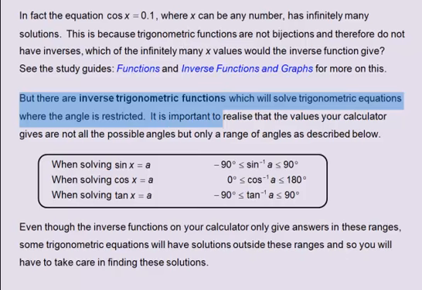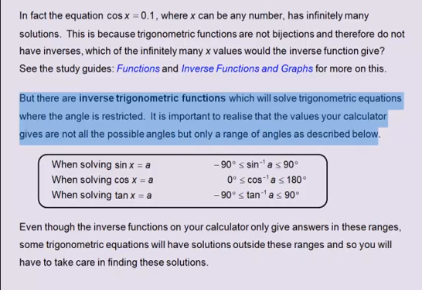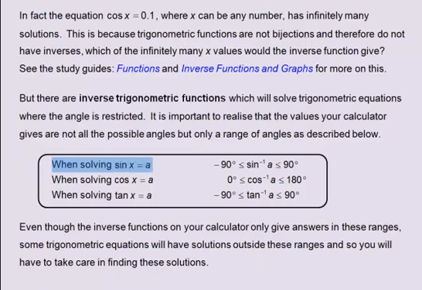It is important to realise that the values your calculator gives are not all the possible angles, but only a range of angles as described below. When solving sine of x equals a, the inverse sine of a is greater than or equal to minus 90 degrees and less than or equal to 90 degrees.